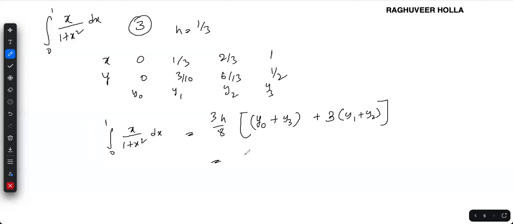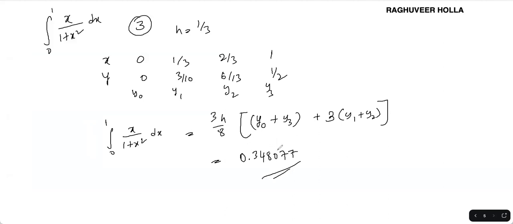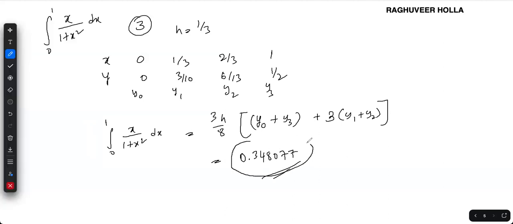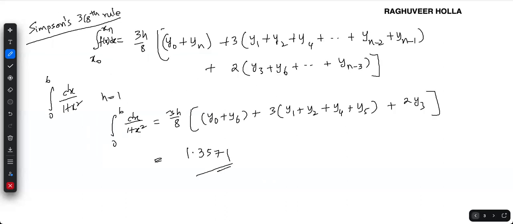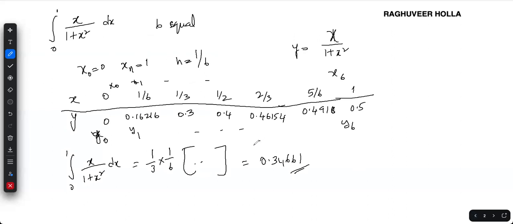So when we compute this, have you noticed that this is 0.34807, and the one which we got earlier, 0.34661.